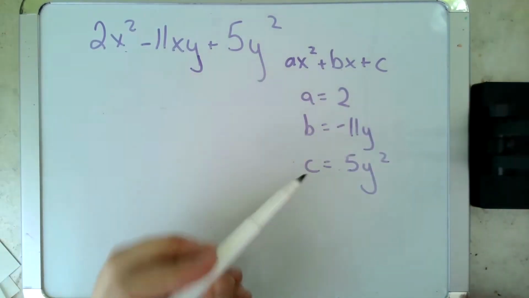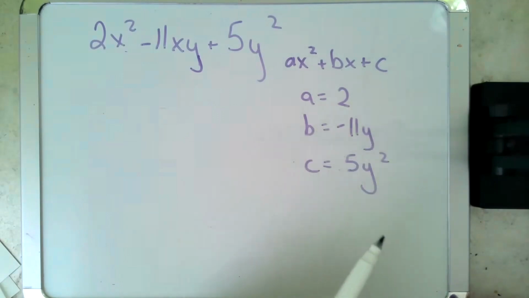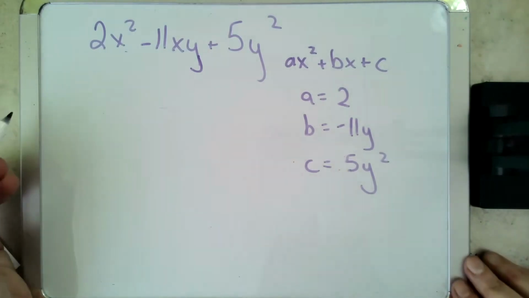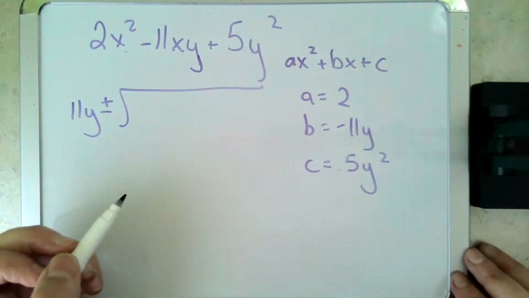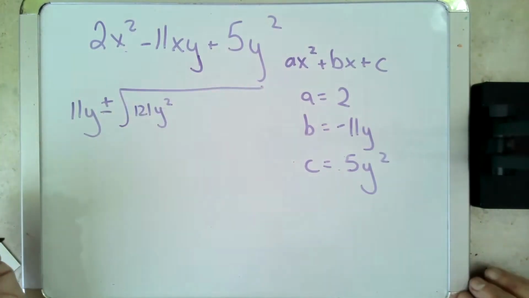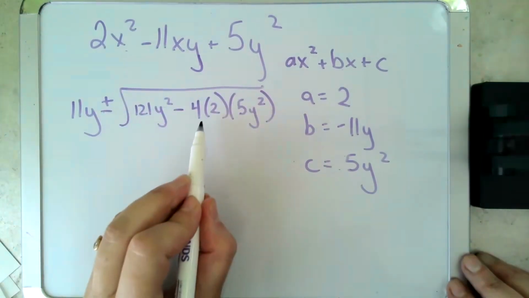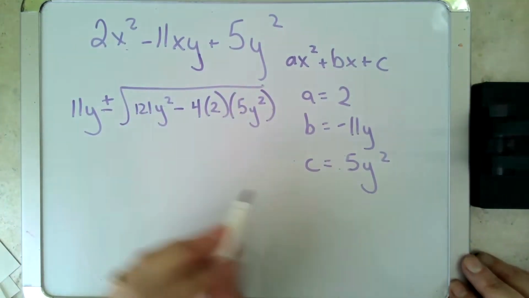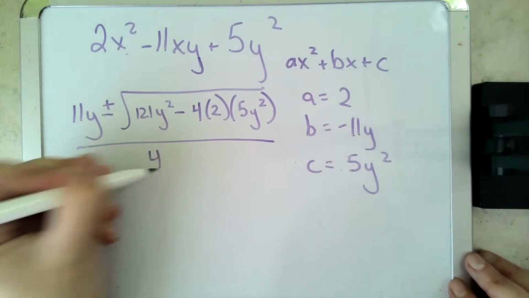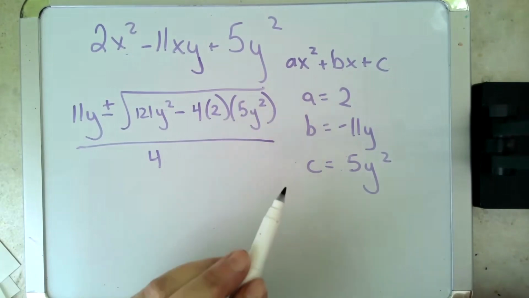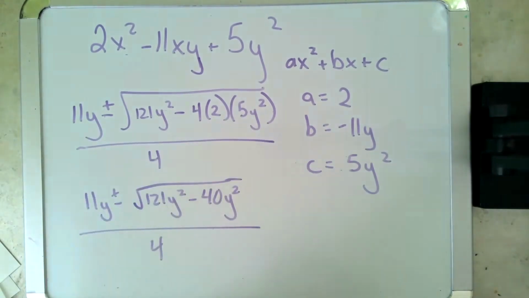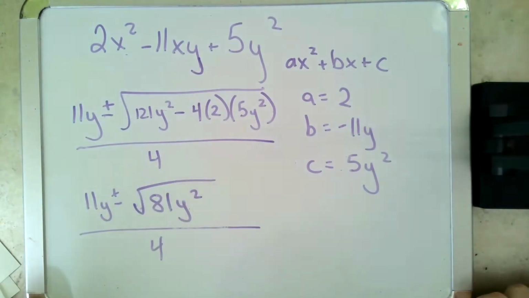You'd start again with your list of a is 2, b is negative 11y, and c is 5y squared. Then you would say negative b, so negative negative 11y, plus or minus the square root of b squared, so that's 121y squared, minus 4 times a times c, all of that over 2a or 4. Okay. 8 times 5 is 40. 121y squared minus 40y squared is plus or minus 81y squared.